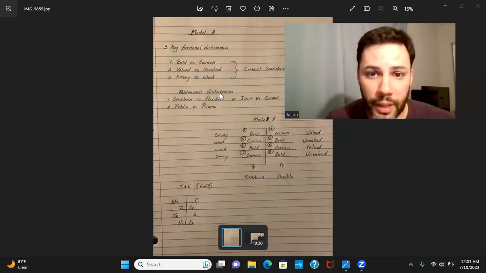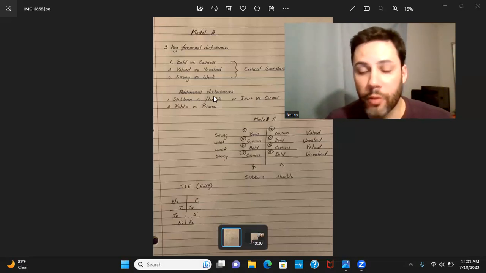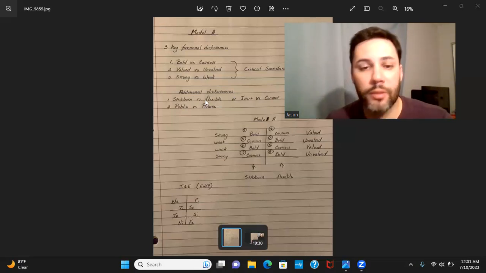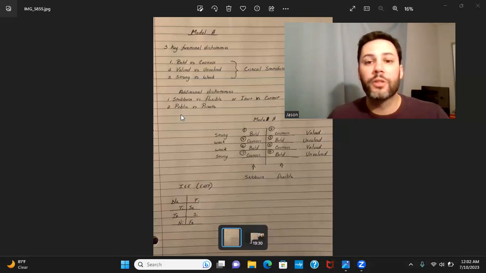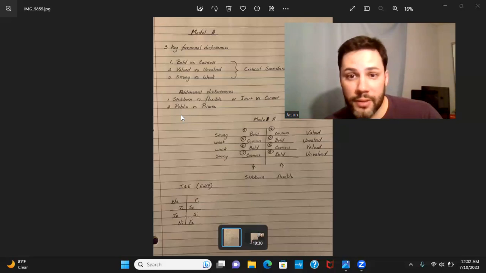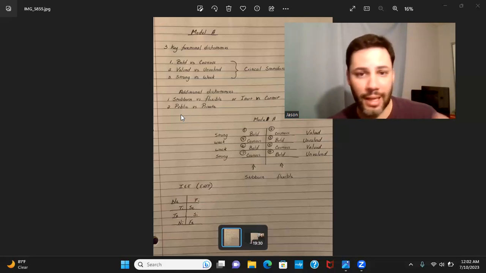Now some additional dichotomies. They're additional because they're not as important. The other three are more important. These can sometimes be a little more difficult to see. There's some wiggle room when you're typing somebody in the real world. So when you become more intermediate or advanced at this stuff, you start using these a lot more too, but they're not as important.